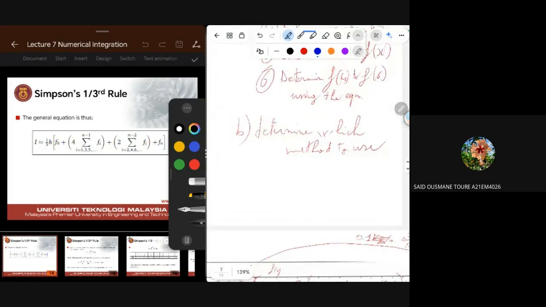So, first determine which method to use. If it's already given, good for you. But if it's not given, second, determine f of x's. Then third, apply the formula.